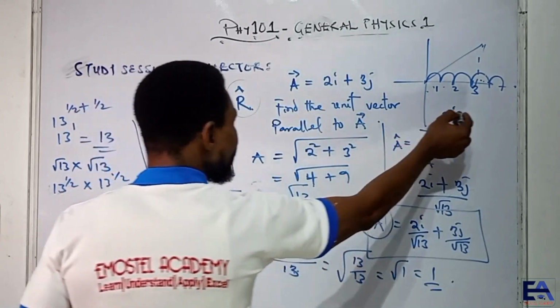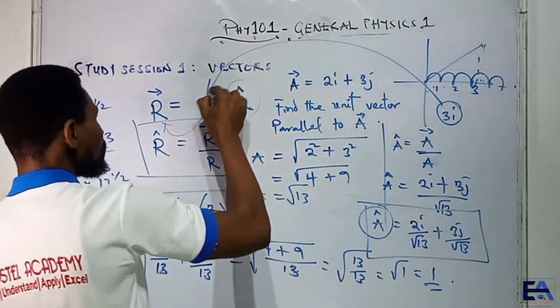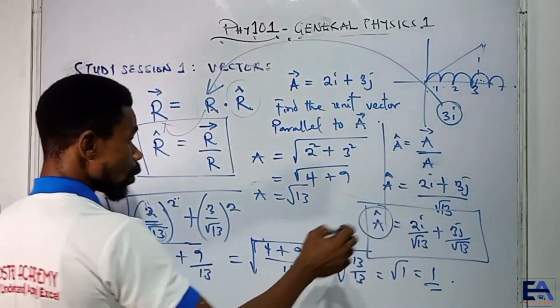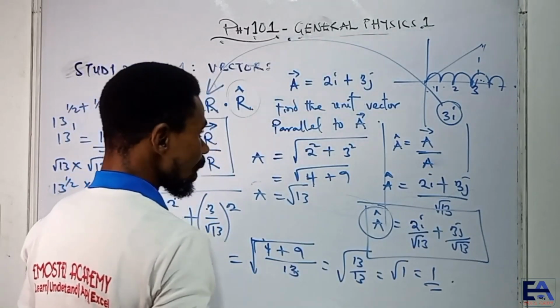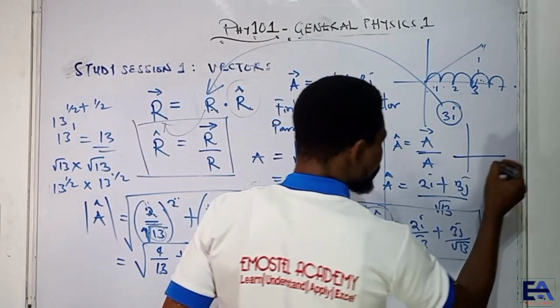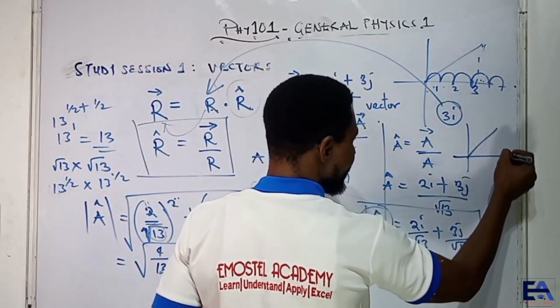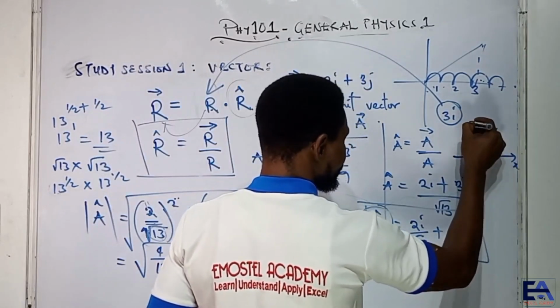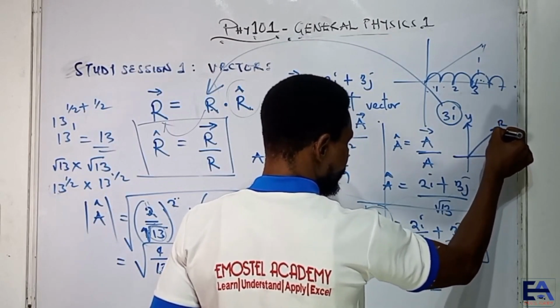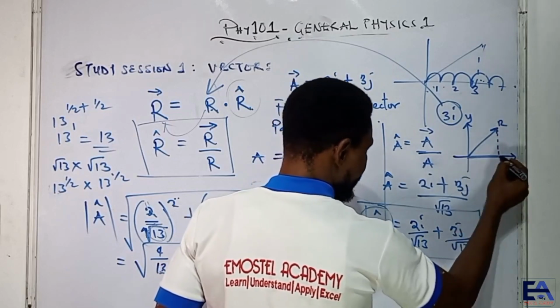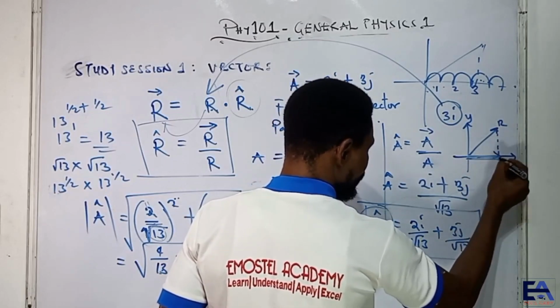Which goes back to this formula, because I told you before that whatever you represent on each axis is a vector as well. So if you have this like this, and this is x, this is y, and this is r, then this part here is a vector.